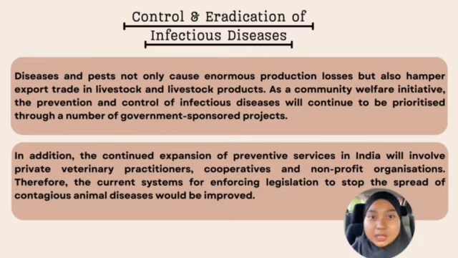In addition, the continued expansion of preventive services in India will involve private veterinary practitioners, cooperatives, and non-profit organizations. Therefore, the current system for enforcing legislation to stop the spread of contagious animal disease will be improved.